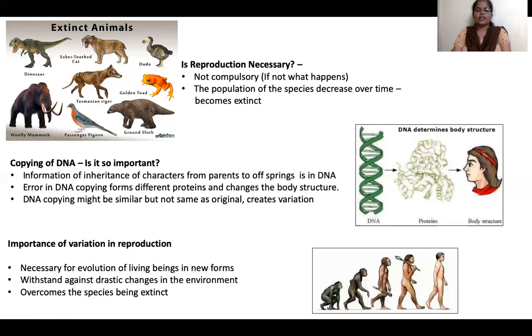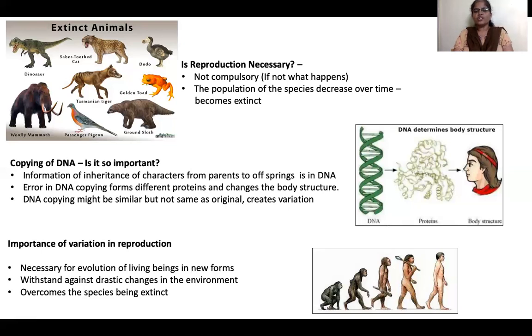So reproduction is important to continue our life on earth and to pass information from parents to offspring. Thirdly, to have a defined body structure. And finally, to have variation among individuals.